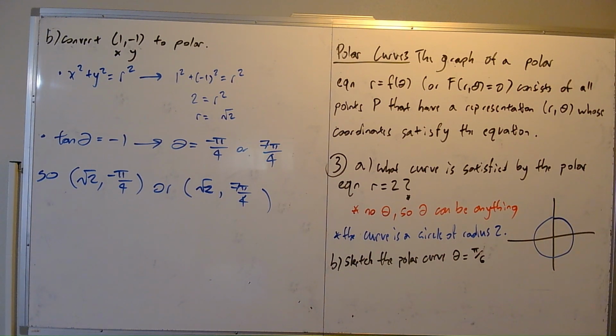Okay, so the polar curve theta equals pi over 6. So again, I'd encourage you to think about what this should be. But if theta equals pi over 6, notice it doesn't depend on r.